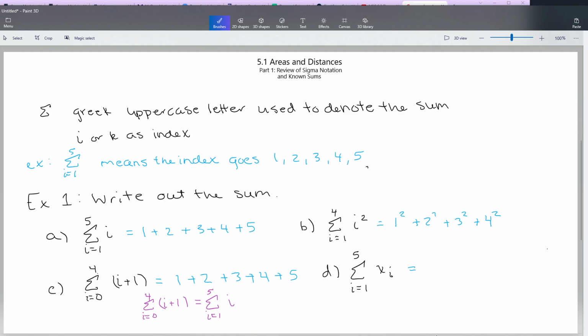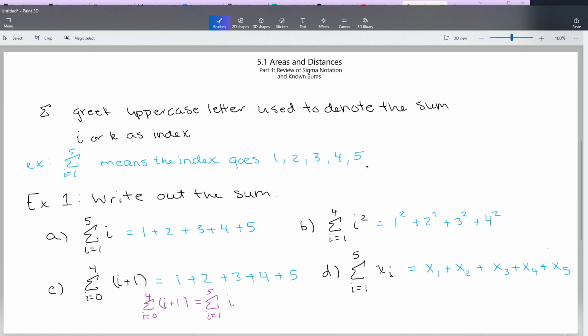So what this would mean is we have x1 plus x2 plus x3 plus x4 plus x5. Now we can't know what number value this would be, but we do know that it's the sum of these first 5 x values.